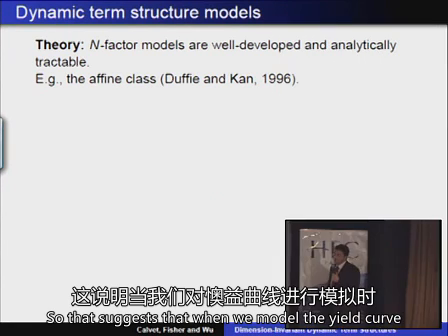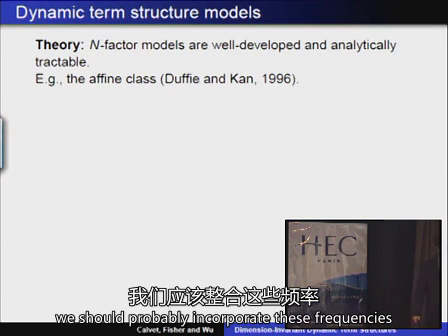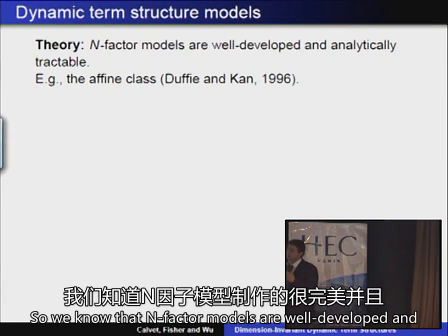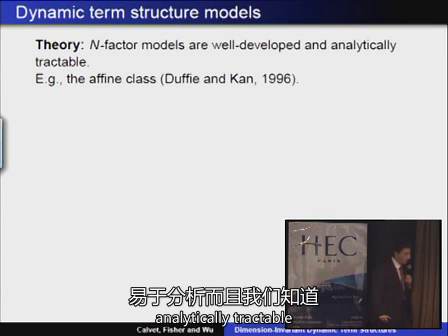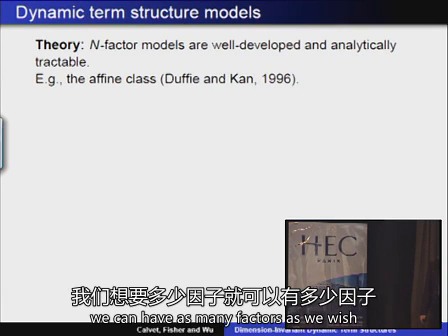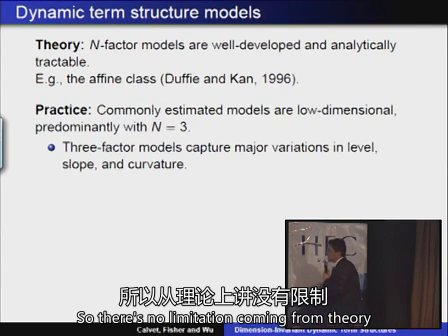That suggests that when we model the yield curve, we should probably incorporate these frequencies. And in theory, nothing prevents us from doing so. We know that n-factor models are well developed and analytically tractable. In particular, in the affine class, we can have as many factors as we wish. So there's no limitation coming from theory.